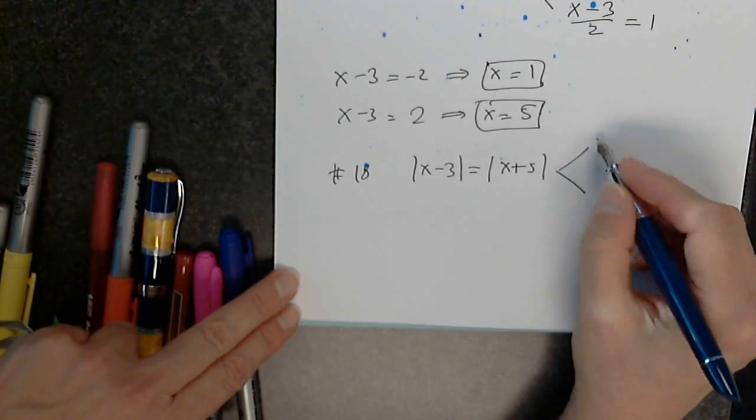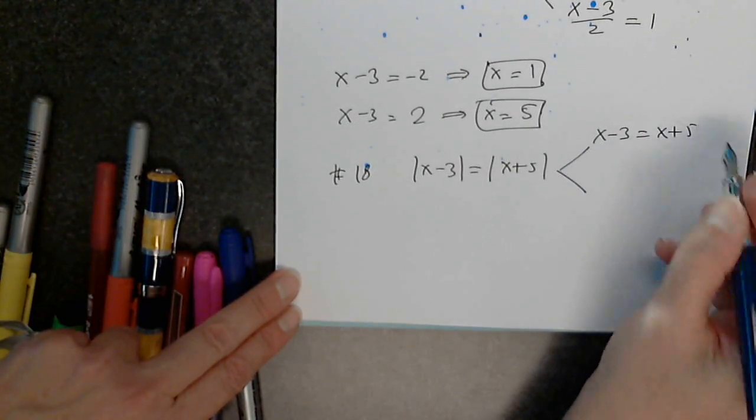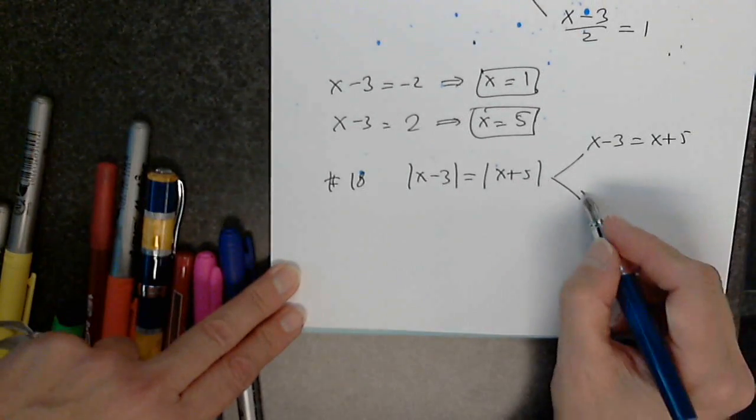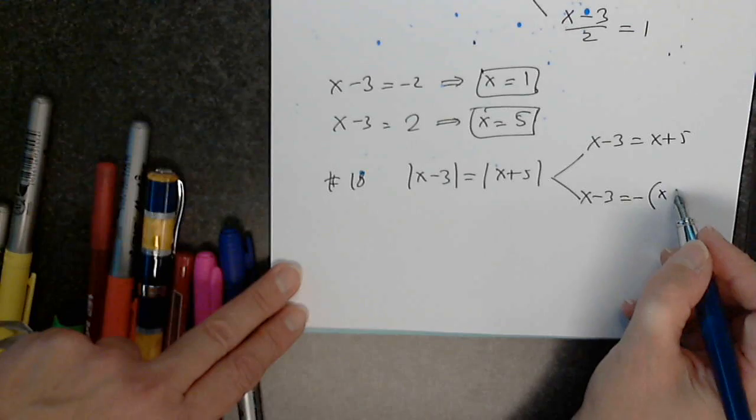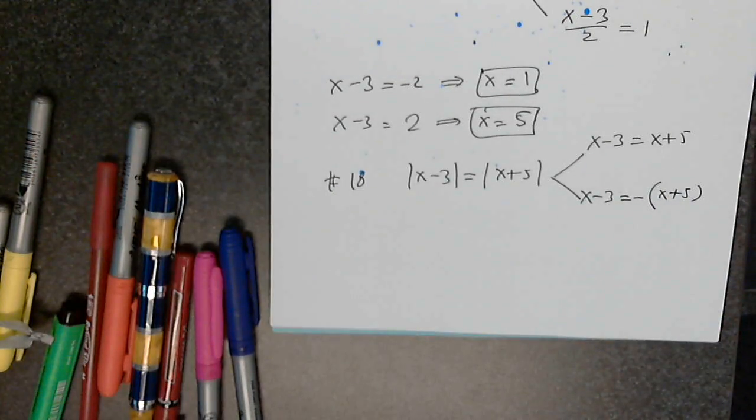So there are two options. Again, x minus 3 equals x plus 5. Very good. x minus 3 equals -1 times. Very good. Excellent. This is indeed the starting point.